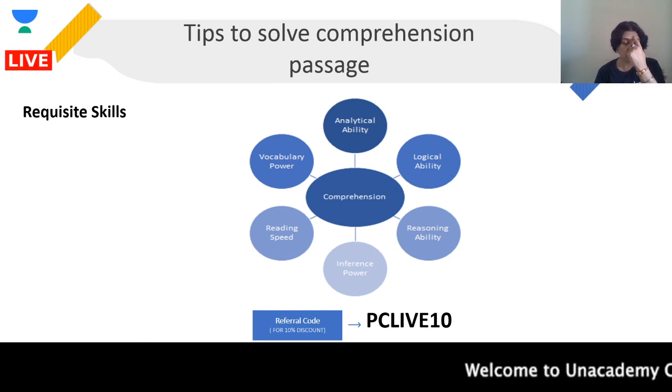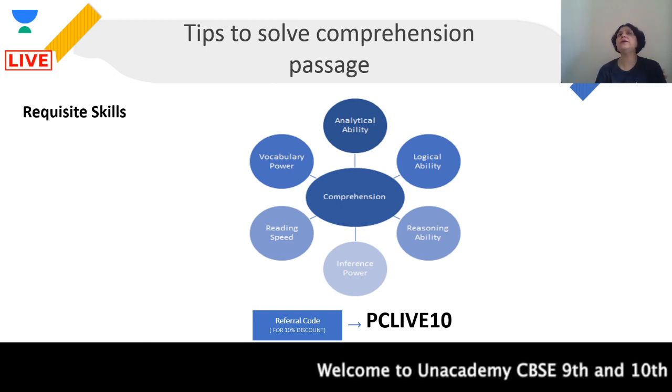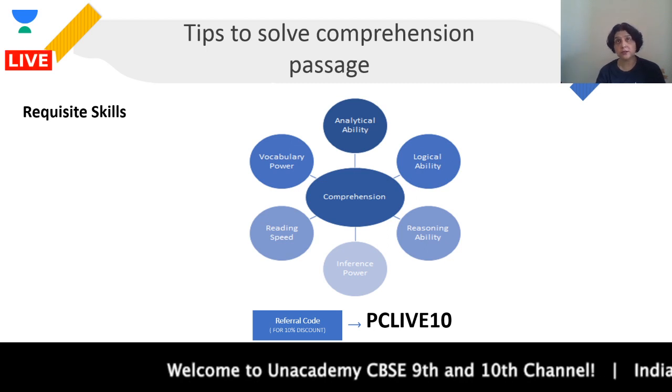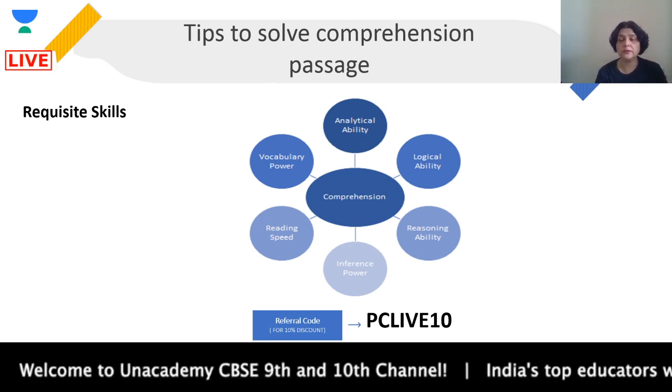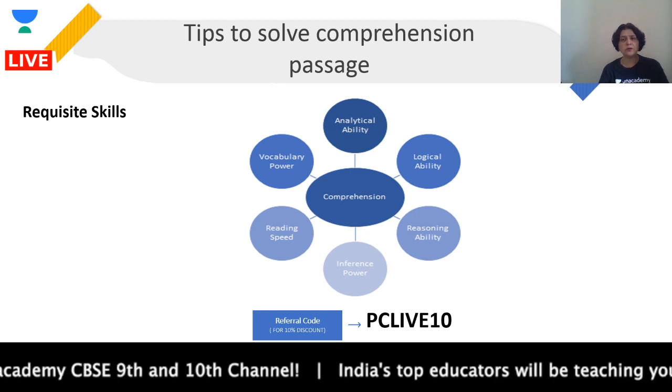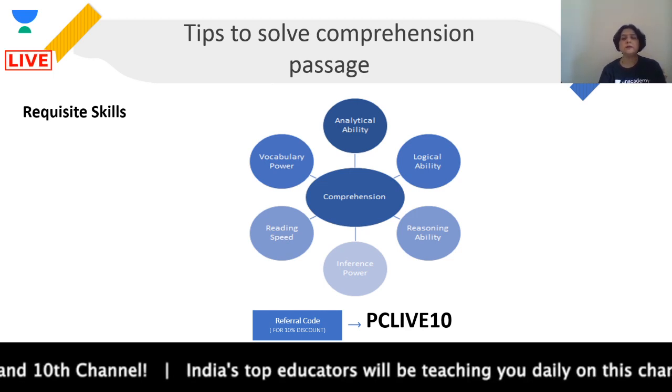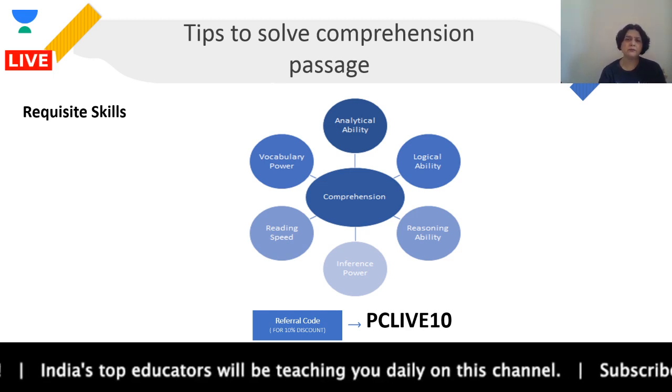The first and foremost thing which I feel personally is your reading speed. If you are used to reading a lot of things, a lot of books, a lot of articles, then your speed should be at par.